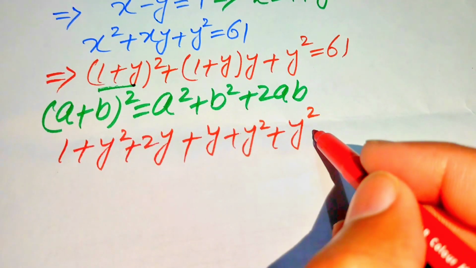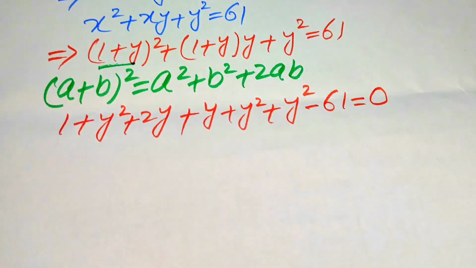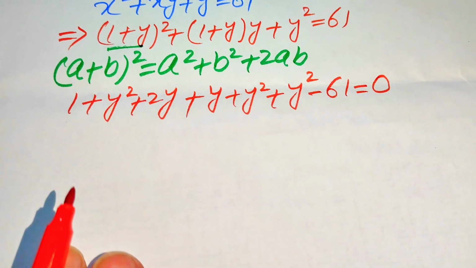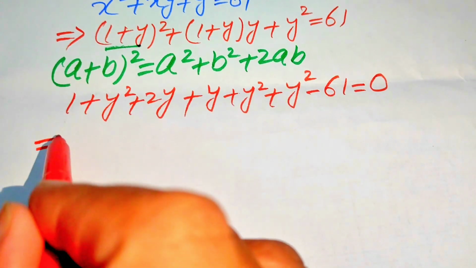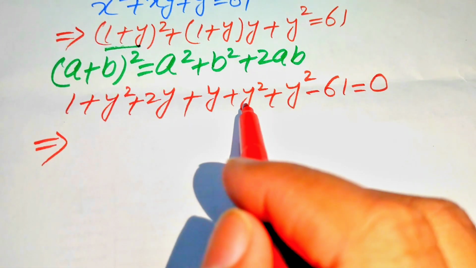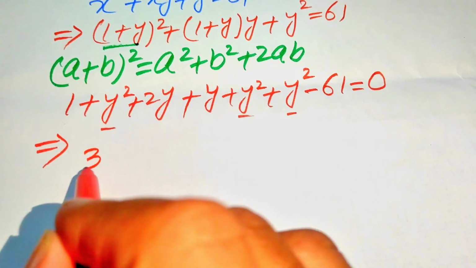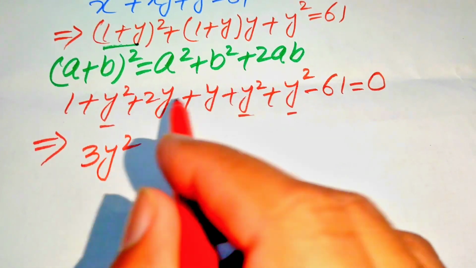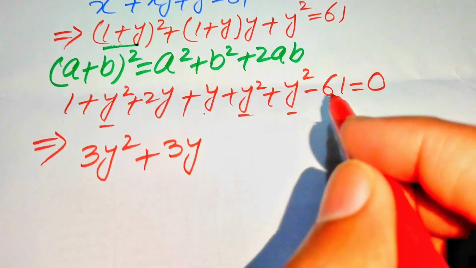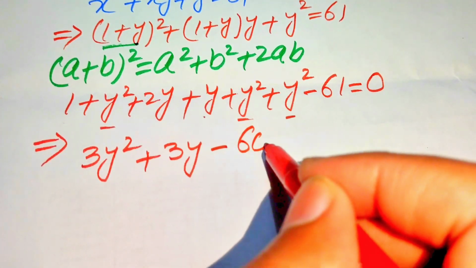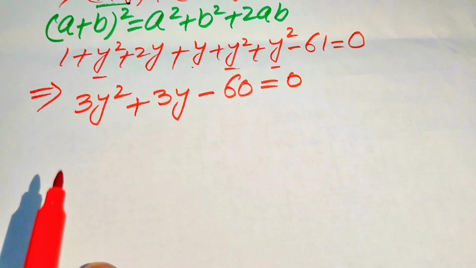We move the 61 to the left hand side, and it becomes minus 61 equals 0. Now we add the like terms: y square plus y square plus y square is 3 times y square, 2y plus y equals 3y, and 1 minus 61 equals minus 60, and this whole equation equals 0.